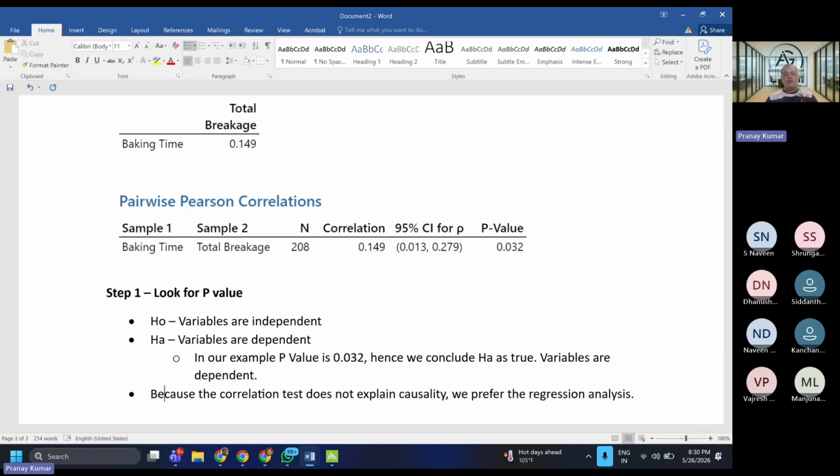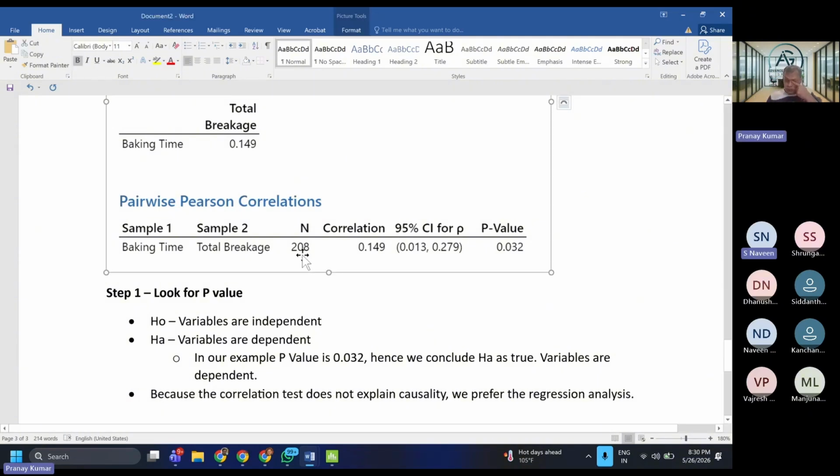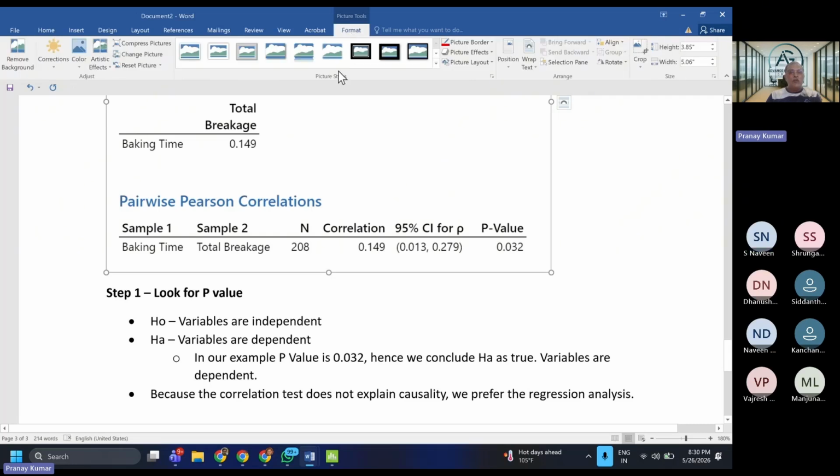Yes, someone was asking something. Sir, in last class, after checking the p-value, we checked the confidence level of the factors. Here we are not doing that. We are doing the R-square value. Confidence level or confidence interval?